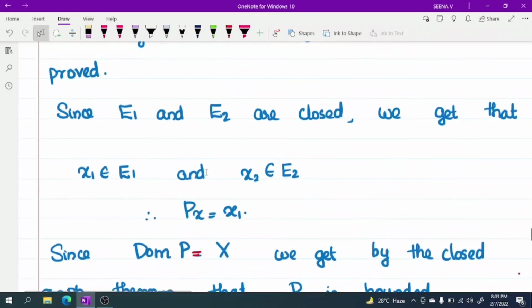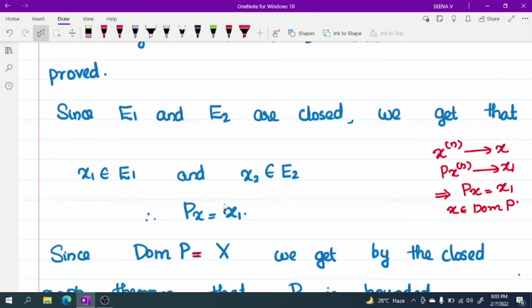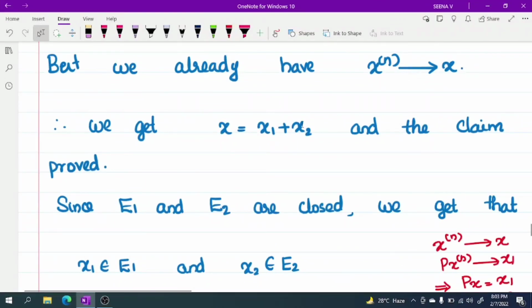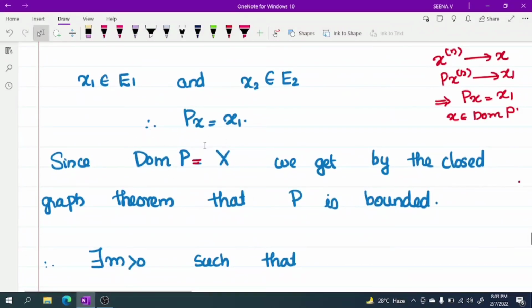We have xn converges to x, PXn converges to x1, which implies Px is equal to x1 and x is in the domain of P. Here Px is equal to x1 and clearly x is equal to x1 plus x2, x1 is in E1, x2 is in E2, which implies x belongs to capital X, and that's equal to the domain of P. This implies P is a closed graph operator because the domain of P is also equal to X.